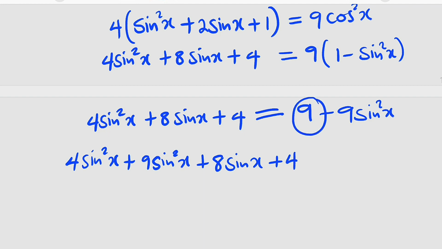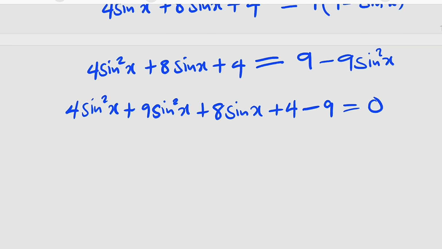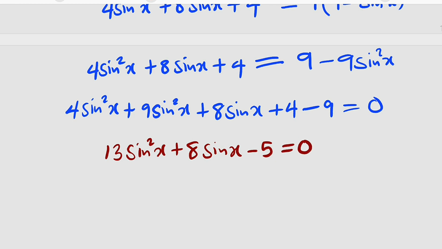As 9 crosses over, it becomes -9, and this is equal to 0. 4 sine squared x plus 9 sine squared x is 13 sine squared x plus 8 sine x. Then 4 minus 9 is -5. The whole of this equal to 0.